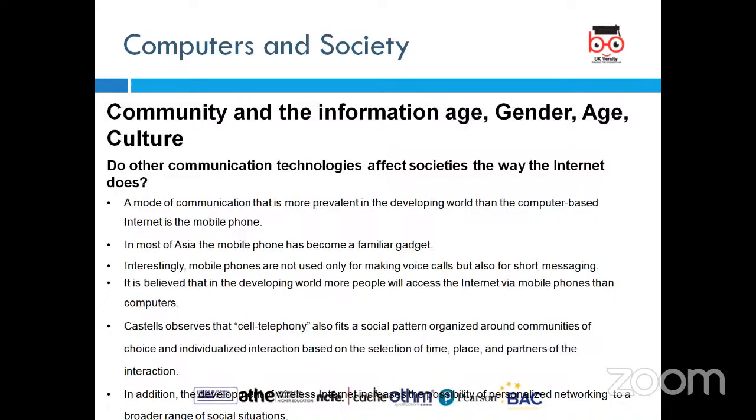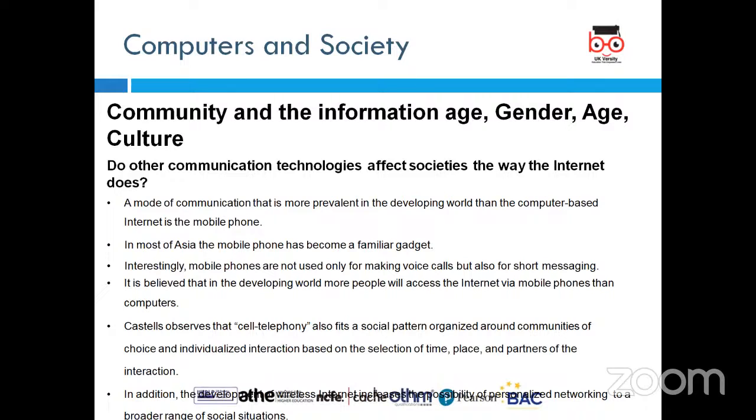So another question we'll now be asking ourselves is, do other communication technologies affect societies the way the internet does? As you can see, the mode of communication that is more prevalent in the developing world than the computer-based internet is the mobile phone.